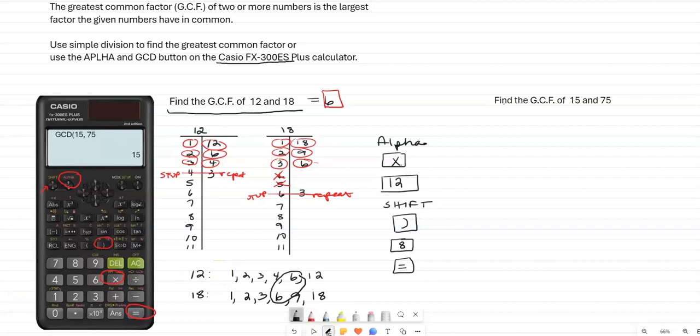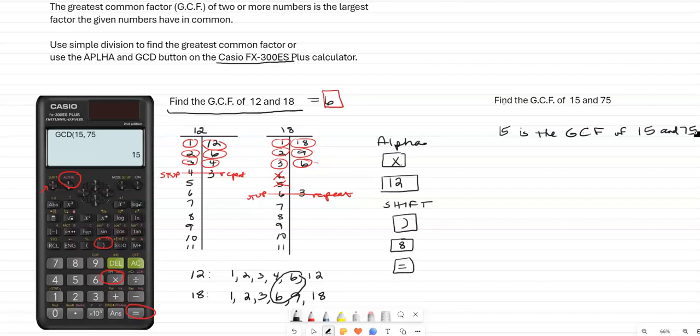And you'll find on your calculator screen it's going to give you the number 15. So that means that 15 is the greatest common factor of 15 and 75. 15 is the GCF.